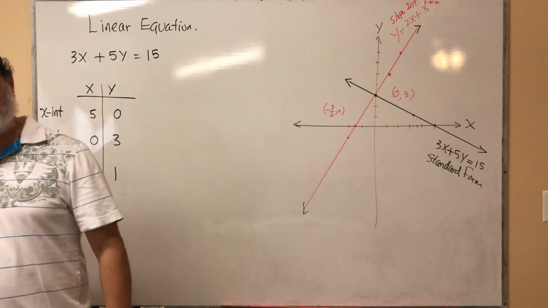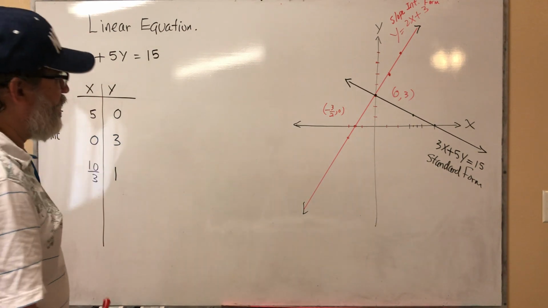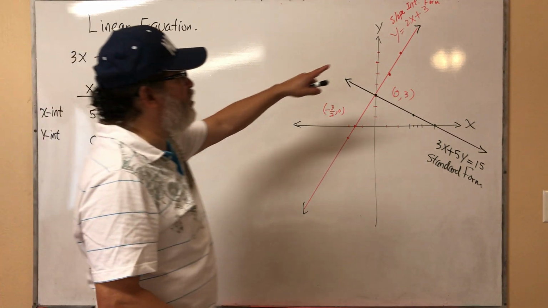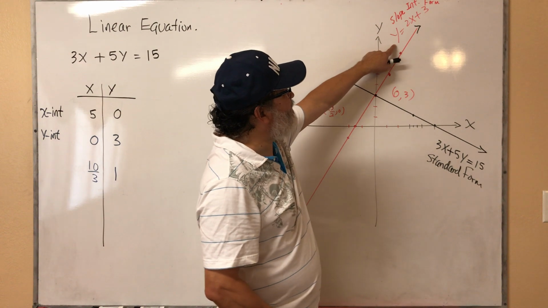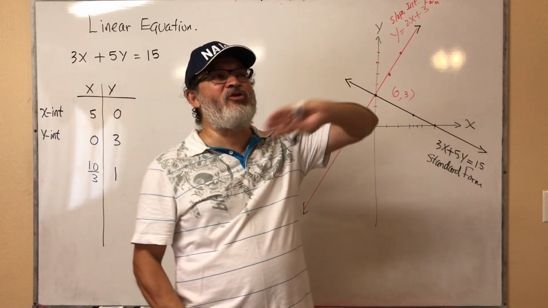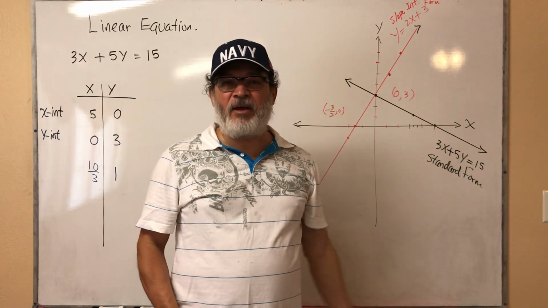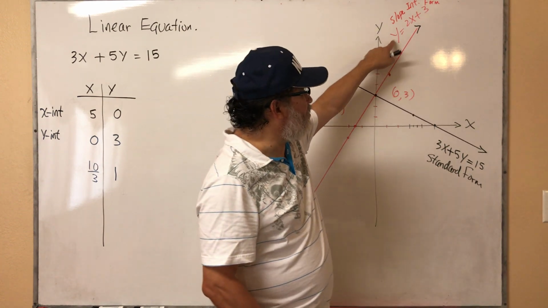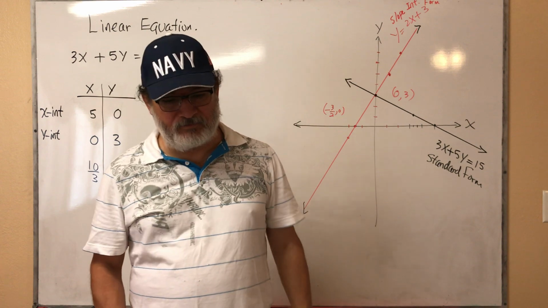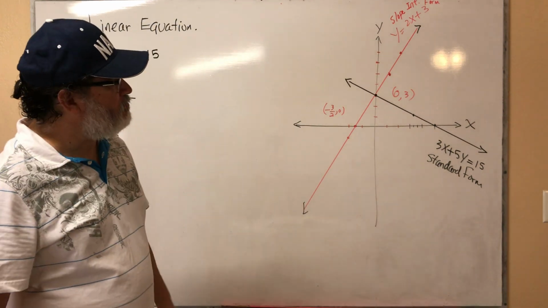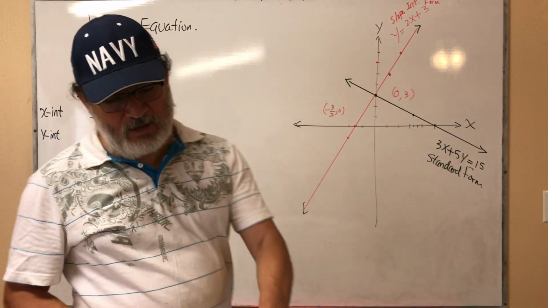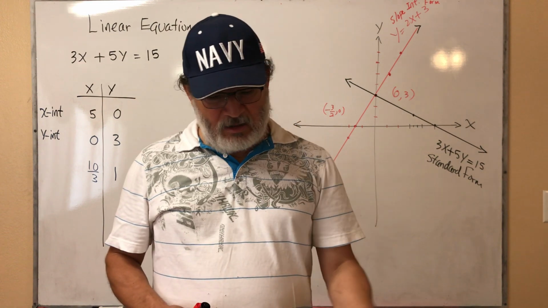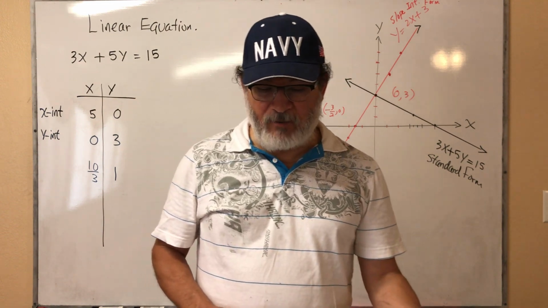All right. Now, the reason why they call this the slope-intercept form is because when you look at it, you can see the slope and you can also see the y-intercept for this equation. All right. So therefore, the slope-intercept form.